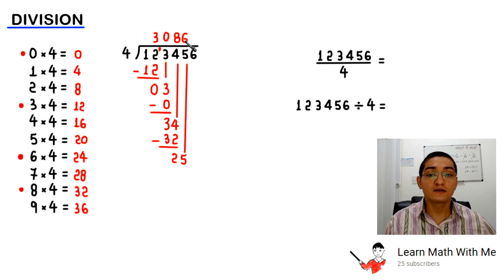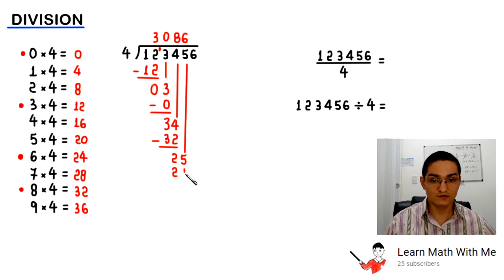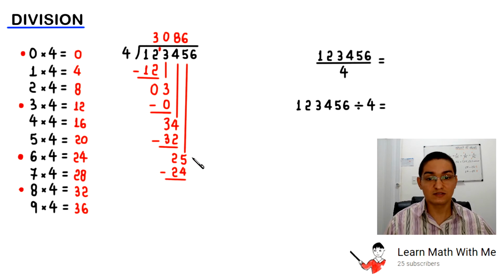I write 6 here. Since 6 times 4 equals 24, that is what I write here. Okay, and then we subtract. Once again, very easy subtraction because 25 minus 24 equals 1. After a subtraction, we always bring down the next digit. Now it is 6.